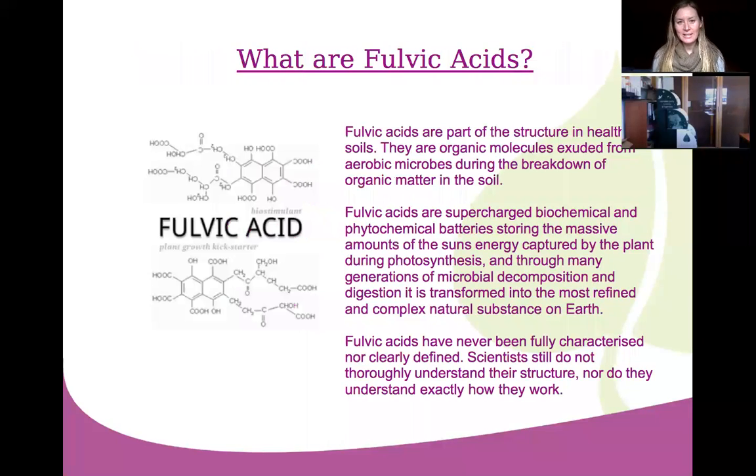Fulvic acids are actually the substance that make soil black, and they're the substance that colour natural water systems, natural river systems. They are part of the structure of healthy soils, and they are formed by the only two biochemical processes done in nature that man has not figured out how to duplicate or replicate.